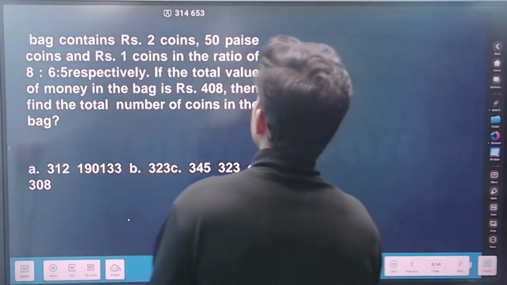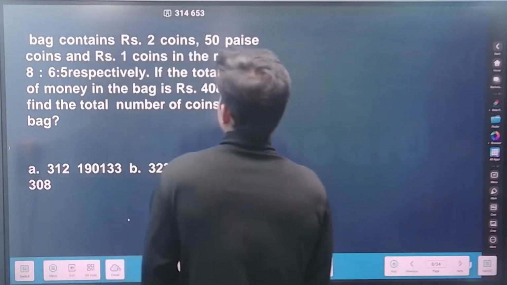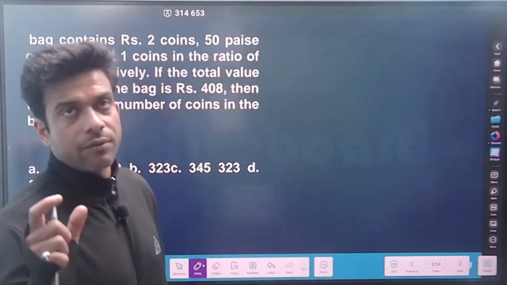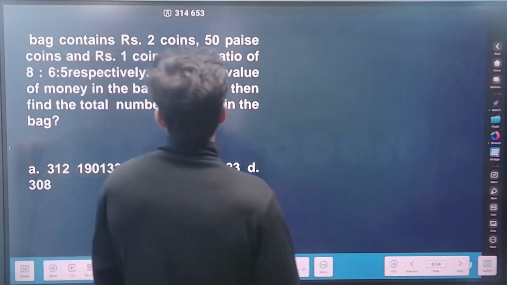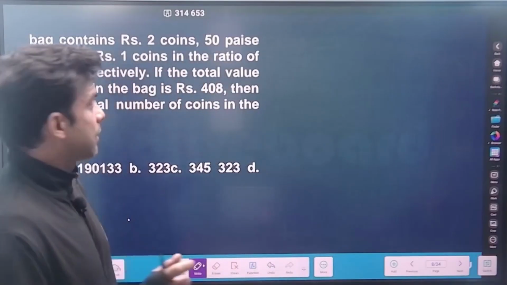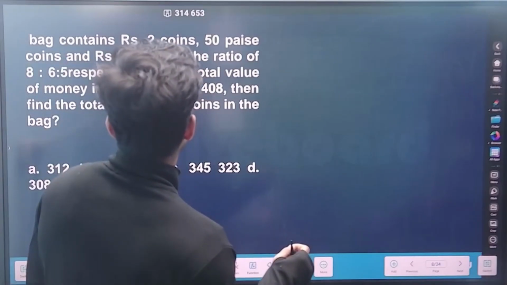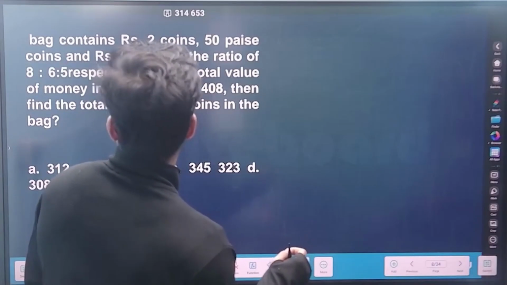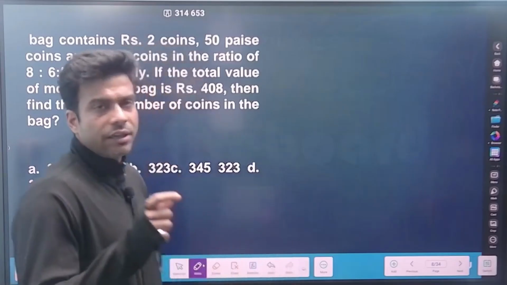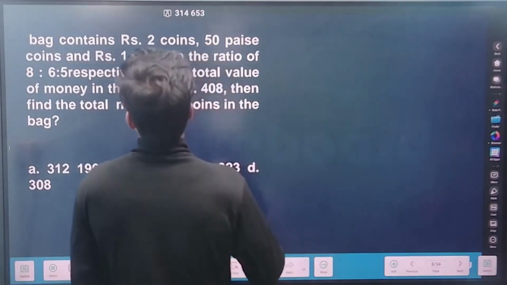A bag contains 50 paise coins and 1 rupee coins in the ratio of something. So basically, the conversion would be very popular here, everyone. If I go for a 1 rupee coin, 50 paise coin and 25 paise coin. 1 rupee means 100 paise.